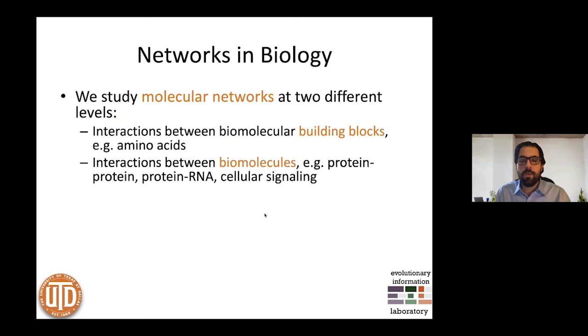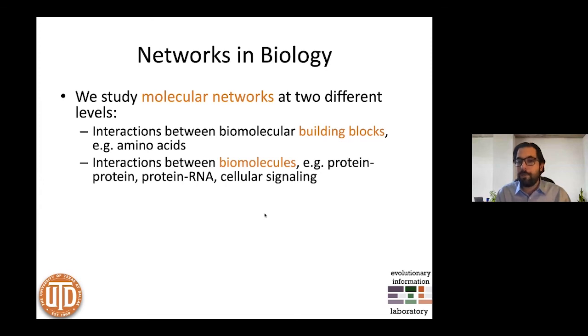We study those networks at two different levels, two different hierarchies. One is connected to how the building blocks of biomolecules, in this case, let's say proteins, interact. To give you an example, a protein is a chain of amino acids, and we care about how these building blocks, these amino acids, interact.